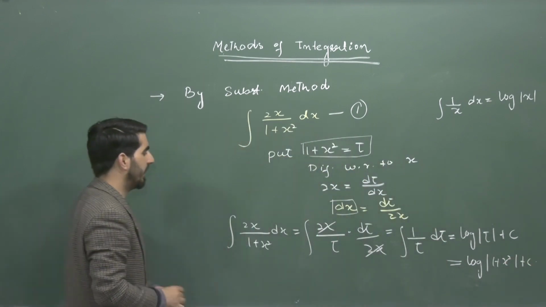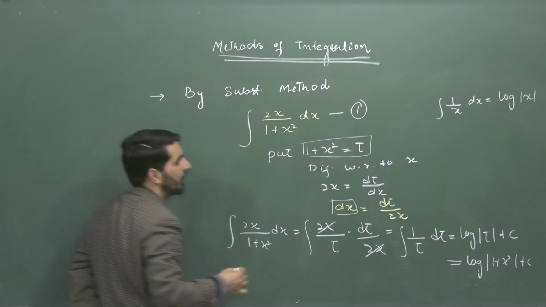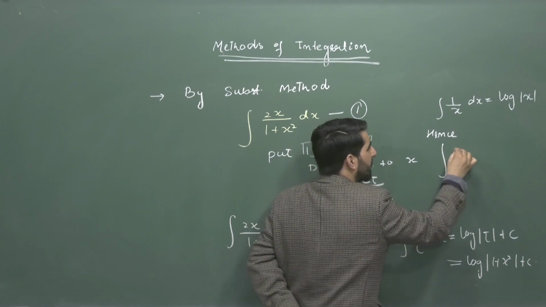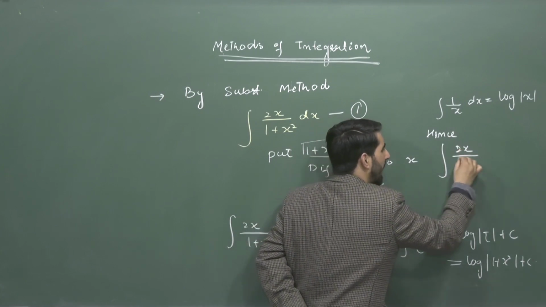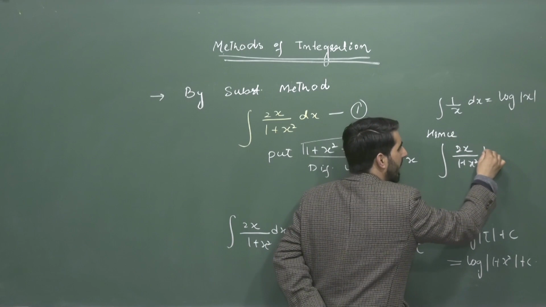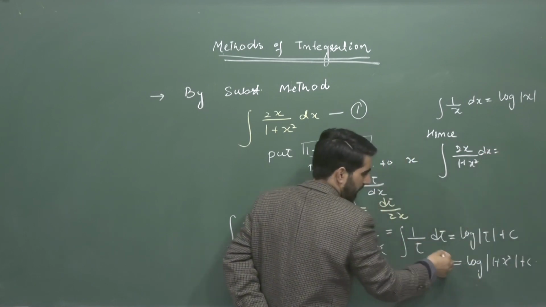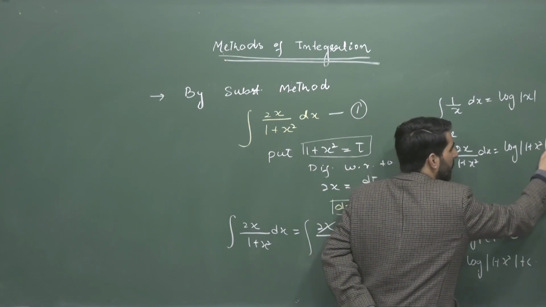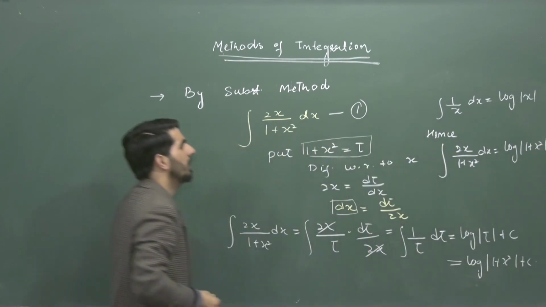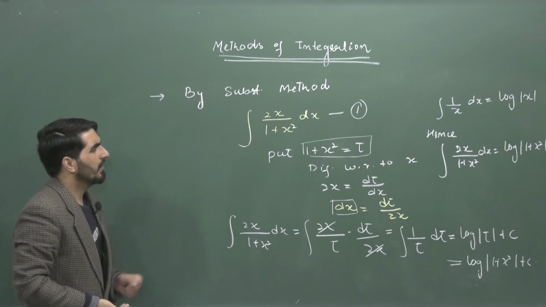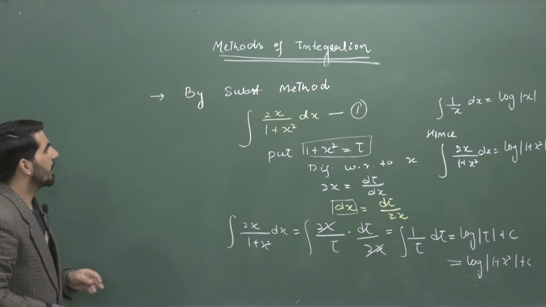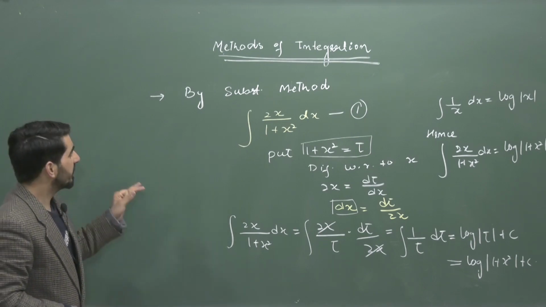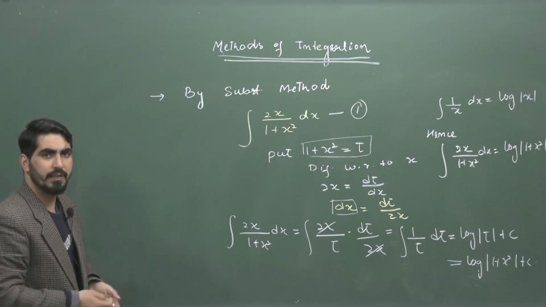Hence the integration of 2x divided by 1 plus x square dx is log of modulus of 1 plus x square plus c. This is a simple example of how to solve such functions using the substitution method.